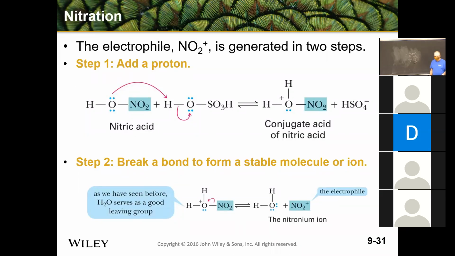Let's go ahead and finish up that mechanism. I'm going to erase this first part. So we have benzene.